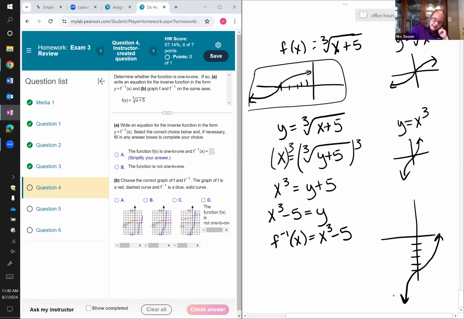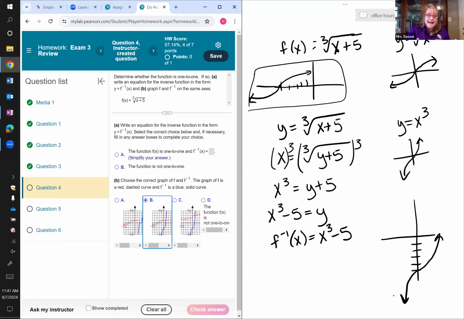So answer choice B is going to be our correct answer because it has the blue graph, the x cubed graph, shifted down 5 units. So it's got our original graph, the f graph, shifted to the left 5 units. And then it's got the inverse graph, x cubed, shifted down 5. So that's answer choice B.